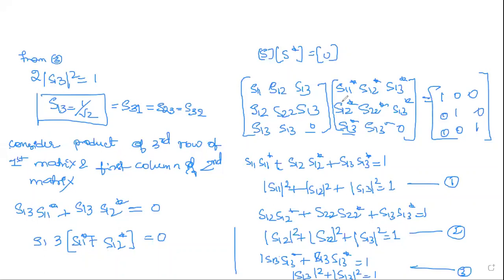So you'll be getting the equations in terms of the matrix. Then find out what is S13. Then write down the product of the third row of the first matrix and the first column of the second matrix. So you'll get S13 as well as S11 star plus S12 star, which will be equal to 0. Here S13 will not be equal to 0, so you have to consider S11 star plus S12 star equal to 0.